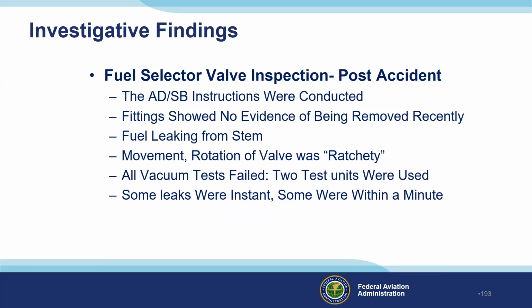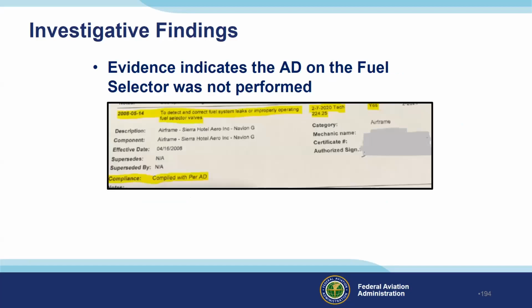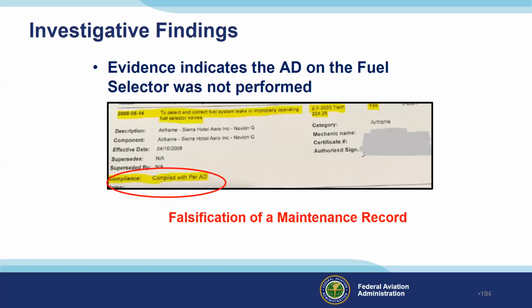They failed so bad that they tried another test unit. They thought it was their tester, but it was not their tester, just the valve was leaking. So evidence indicates that the AD on the fuel selector was not performed. This would be an example of falsification of a maintenance record.